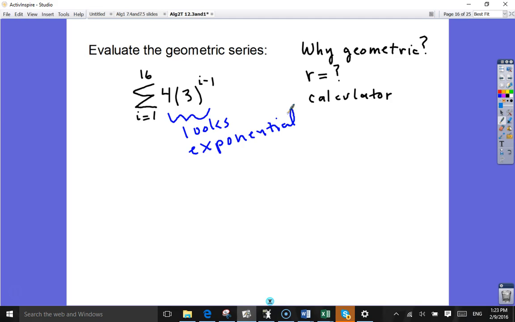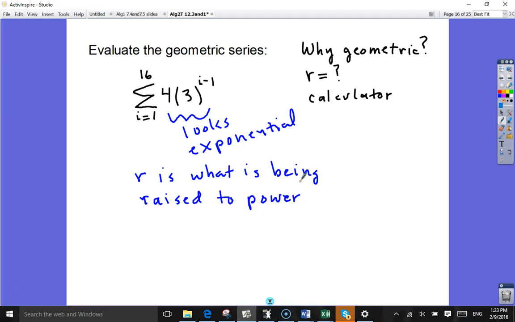So the R is what is being raised to a power. In this case, the R is 3.